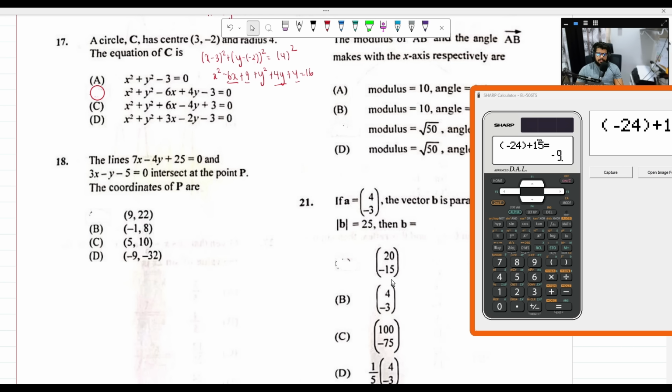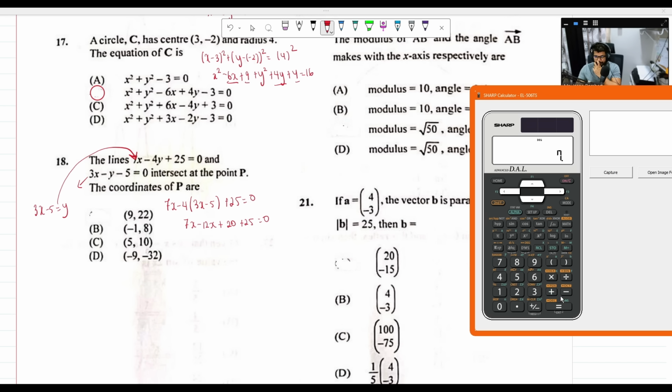The lines this and this intersect at the point P. The coordinates of P are, alright, so from equation 2, from this, I'm going to get 3x minus 5 is equal to y, and plug that into here. 7x minus 4 into 3x minus 5 plus 25 is equal to 0. 7x minus 12x plus 20 plus 25 is equal to 0. 7 take away 12, I can't be too sure. 7 minus 12 is minus 5.